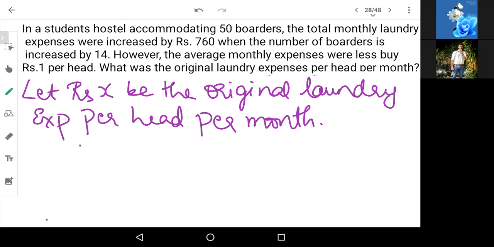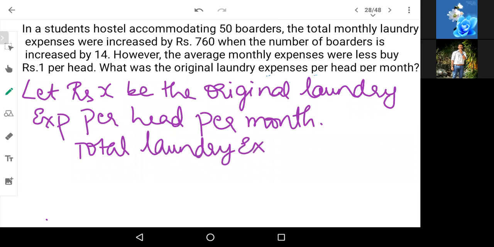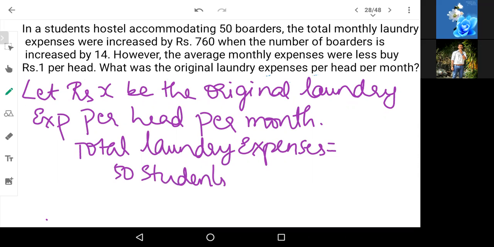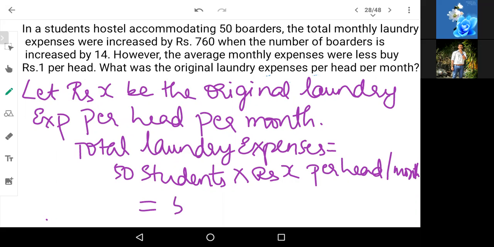So total laundry expenses is equal to 50 students into rupees X per head per month. For 1 month, for one student, it's going to become rupees X. So what is my total laundry expenses? 50 into X, which is nothing but 50X.